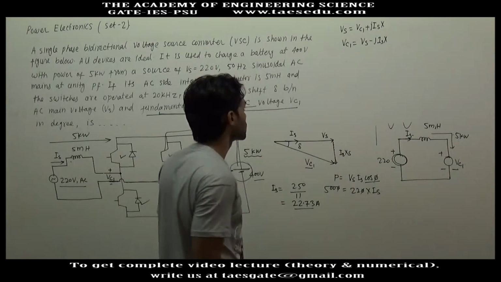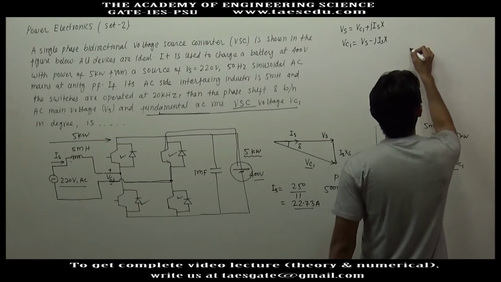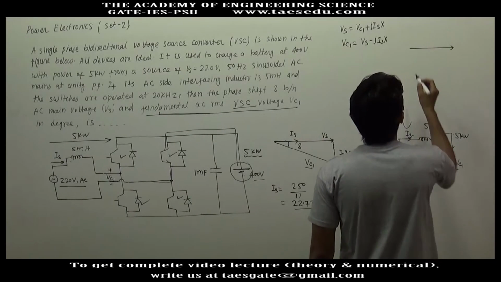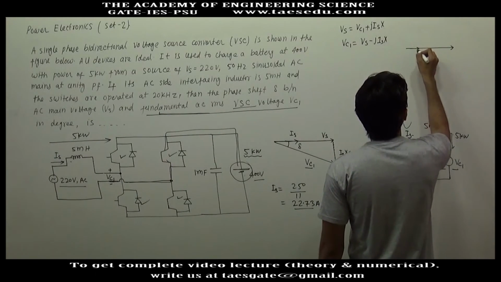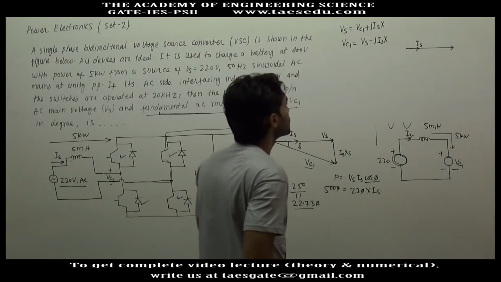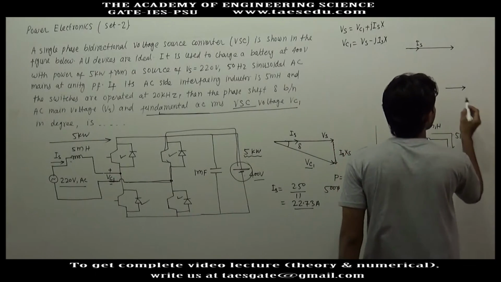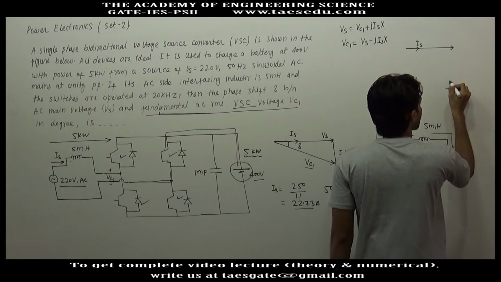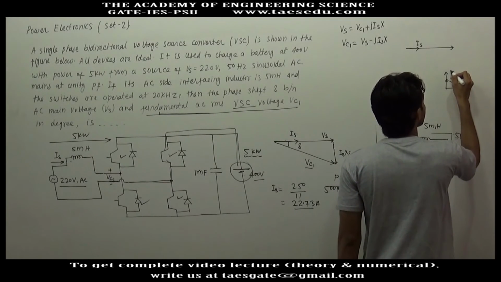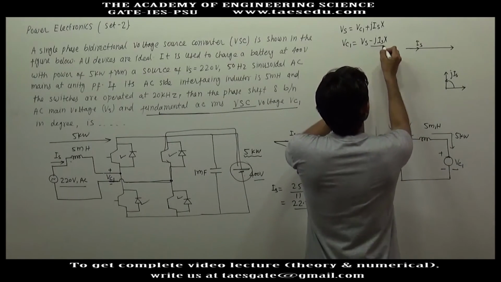So now if you draw the phasor diagram, this is Vs and this is the direction of Is. So what will be the direction of jIs? If this is the direction of Is, jIs will be anti-clockwise 90 degree. This is the direction of jIs. Then what will be the direction of minus jIs?